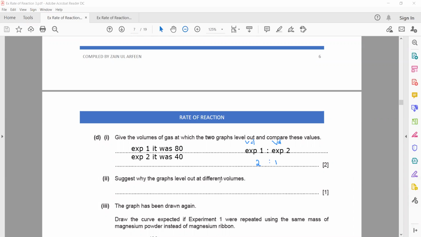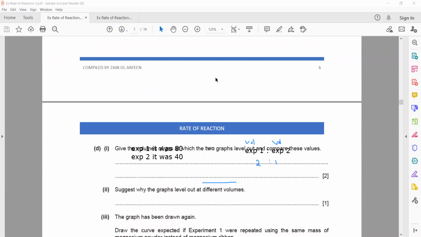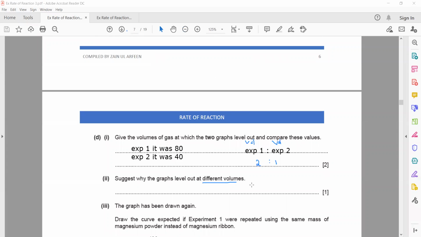Suggest why the graphs level out at different volumes. What is the reason why there is a different volume of gas given off? In experiment 1, we have a greater volume of gas compared to experiment 2. What is the reason for that? Why do the two graphs level out at different volumes?